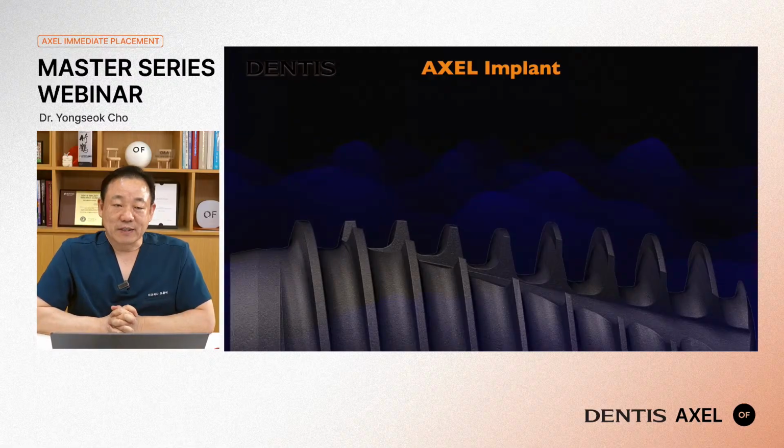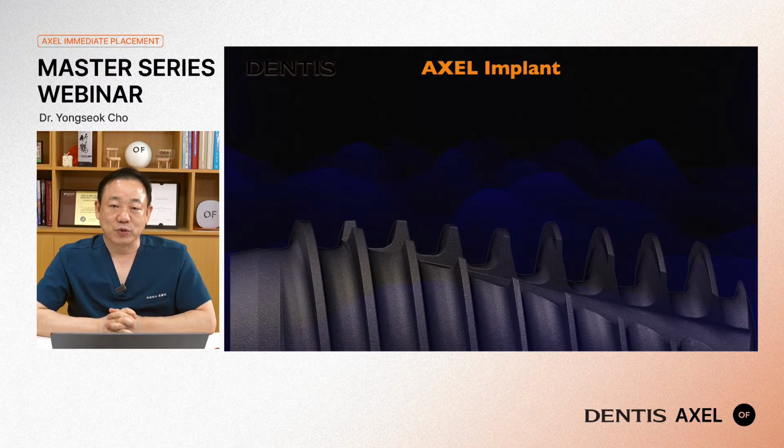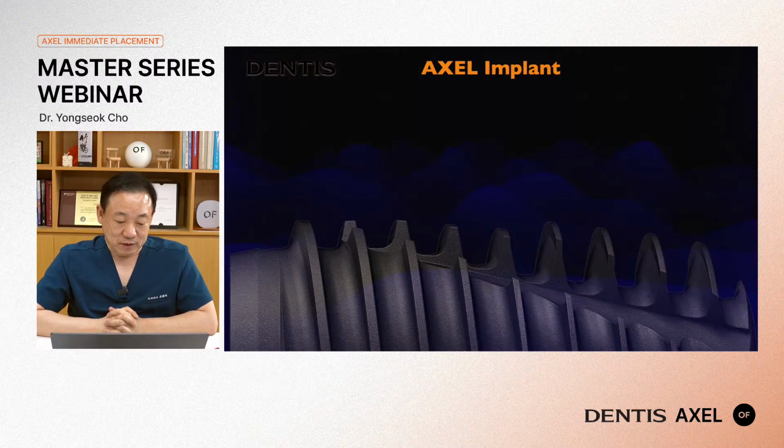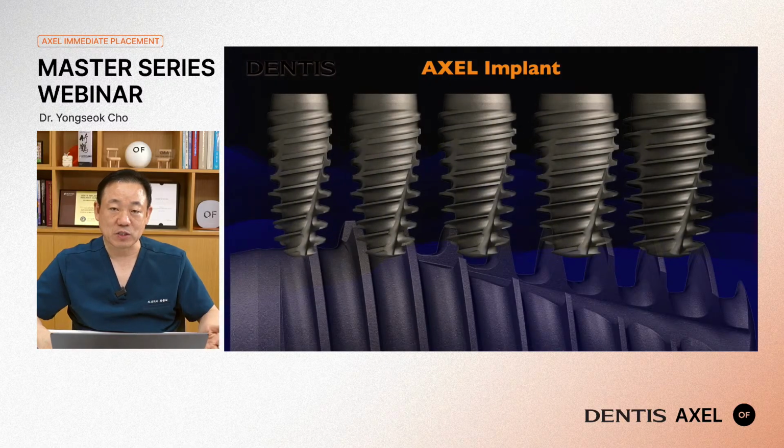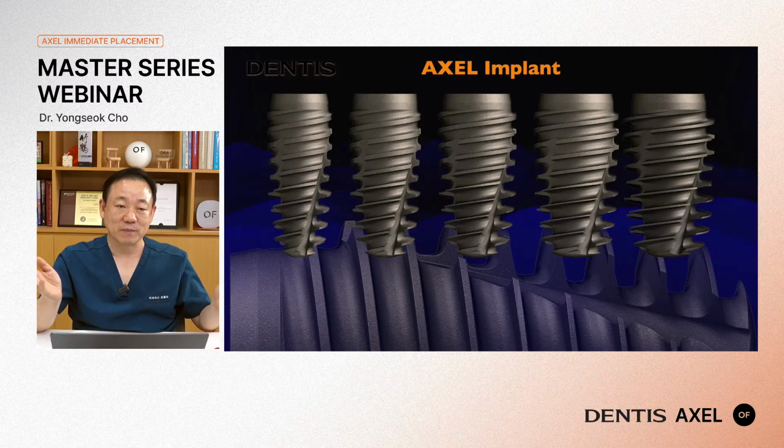Today, in my cases, I will show you the Dentist XL implant. This was recently introduced in the market, and this is an image of the XL implant. It has an 11-degree universal connection, an internal connection, and it is a tapered design with a deep thread.